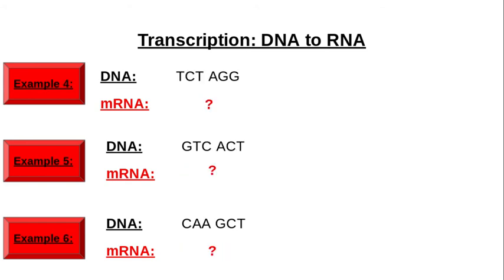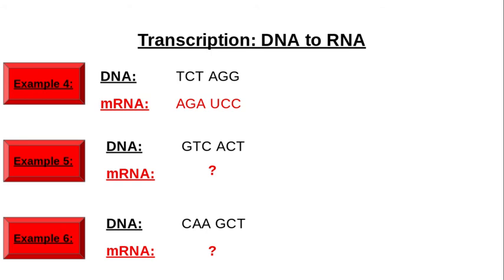Here are some more examples. I invite you to pause the video and see if you can come up with the mRNA strand for these three examples. In example 4, the DNA strand TCT AGG pairs up with AGA UCC.